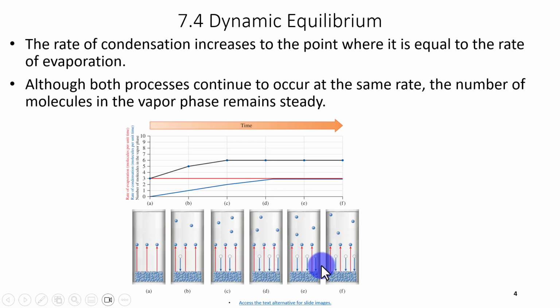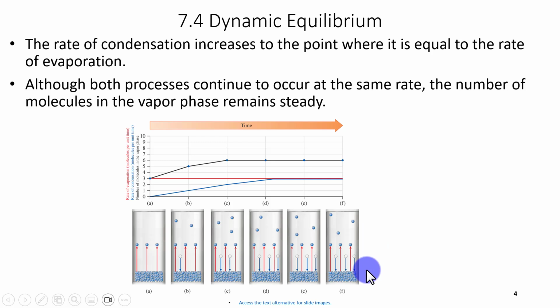And eventually it gets to be the same number. So the number of molecules that evaporate into the gaseous phase is the same as the number of molecules going back into the liquid, condensing. Even though these processes continue at the same rate, the number of molecules in the vapor phase is not changing. This is for a given temperature.